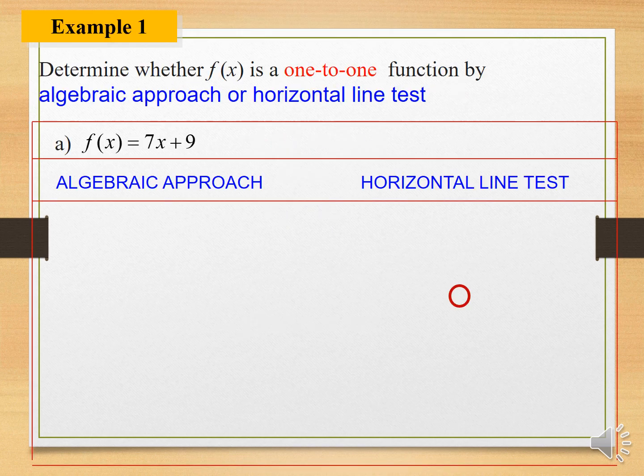Example 1. Determine whether f(x) is a one-to-one function by algebraic approach or horizontal line test. For example, function f(x) equals 7x plus 9.